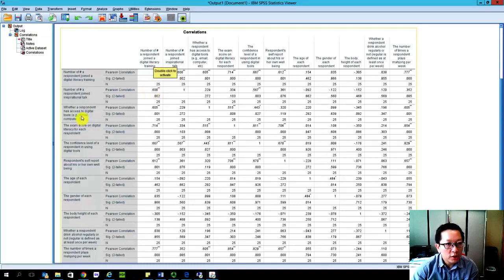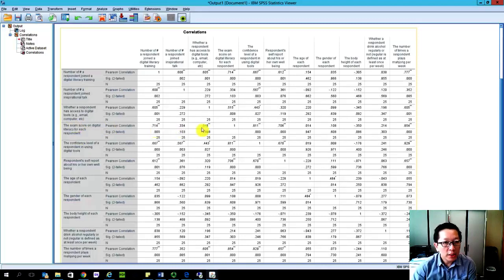And whether you have digital access is significantly related to how many times you have joined the program. Your exam score for digital literacy is strongly related with how many times you have joined. Makes sense, right? Which means that the more the elderly join the digital literacy, the higher the score will be. It's the same as the more that you regularly attend your class, the better you're going to score in your final exam.